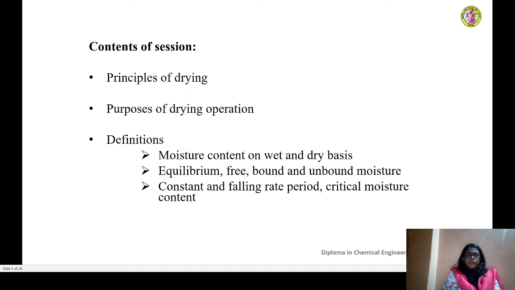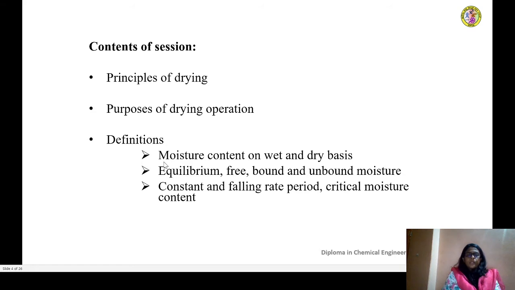So this is a list of the contents of the present session. Since it's a starting session, we're going to learn what is meant by drying, what the principles involved in the operation are, and the different purposes of carrying out the drying operation.